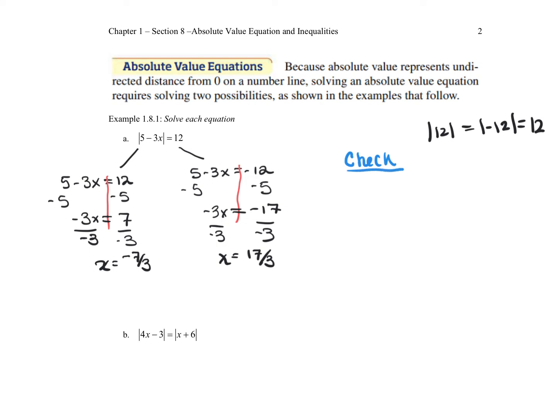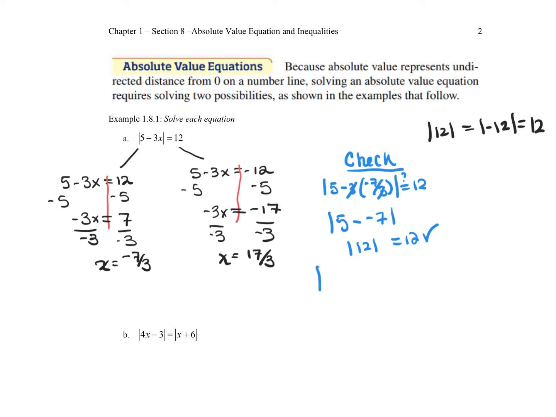So I'm going to do the absolute value of 5 minus 3 times -7/3 equals 12, and we're checking it. The 3's are going to cancel off, so I get 5 minus -7. That's the absolute value of 12, which does equal 12, so that one works.